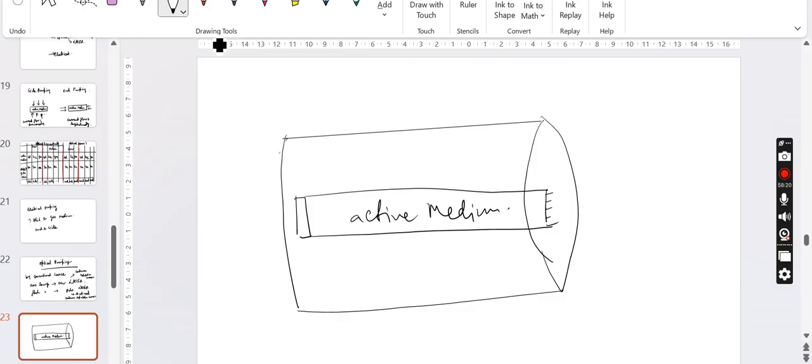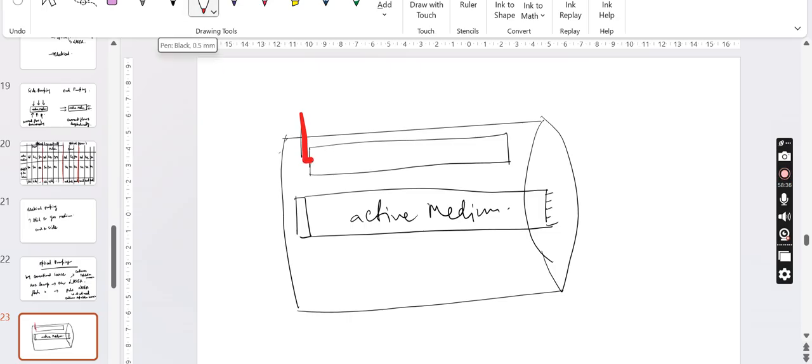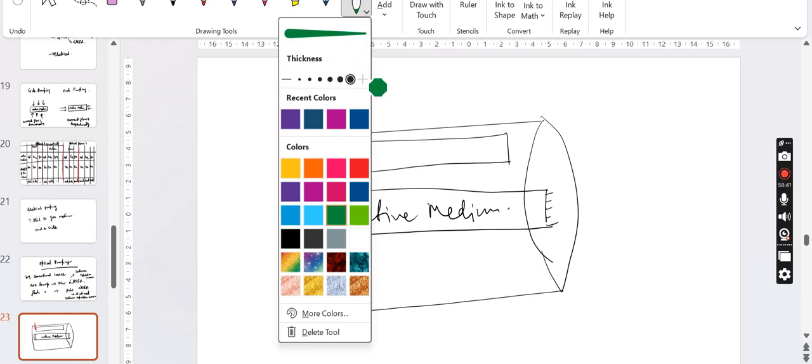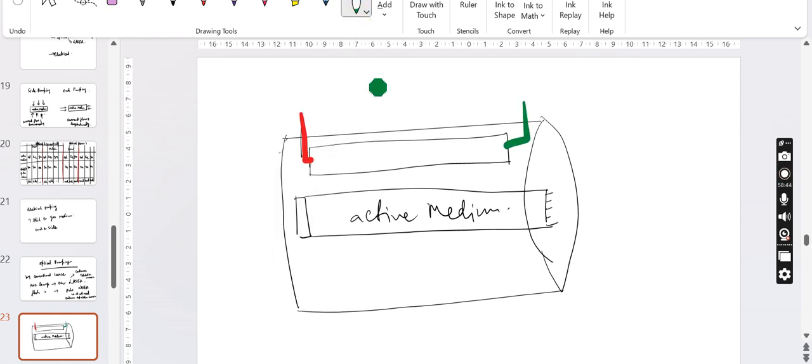So here we put the arc discharge tube. There is an anode, this is anode, and this is cathode. Here noble gas is present, and this is quartz tube.